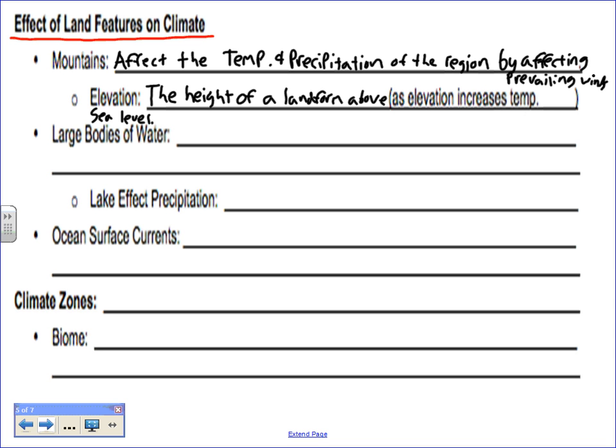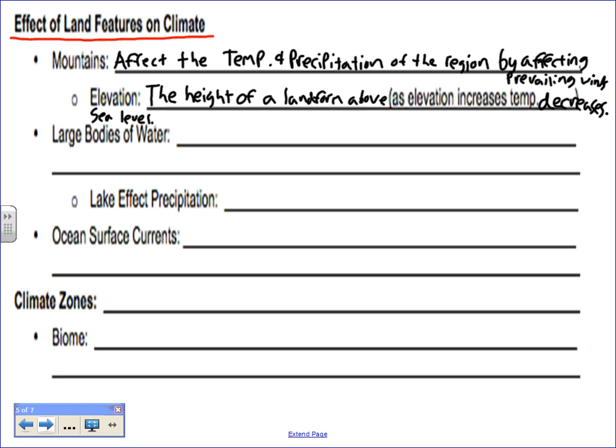They're a direct relation. Okay? And as elevation increases, the temperature decreases, goes down. Okay? And if you think of mountains, they kind of get in the way of the prevailing winds, which causes the winds to rise and then form precipitation on the other side of the mountains. Okay? Or on that side of the mountains.